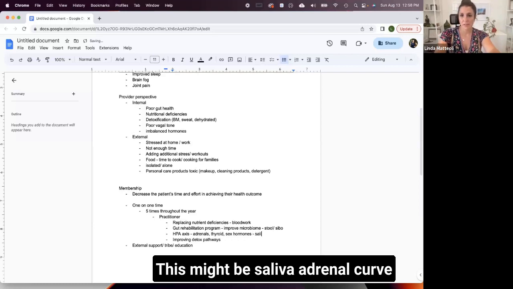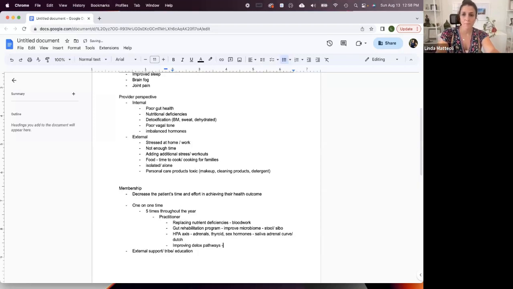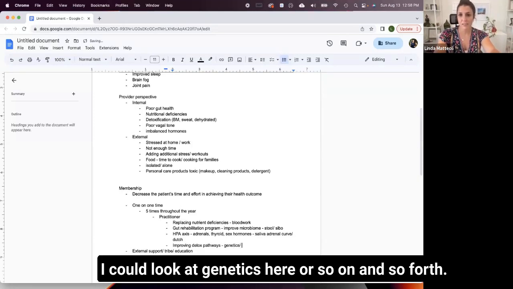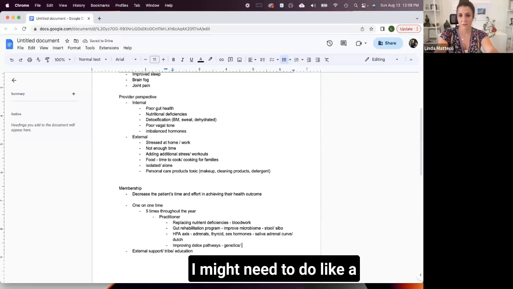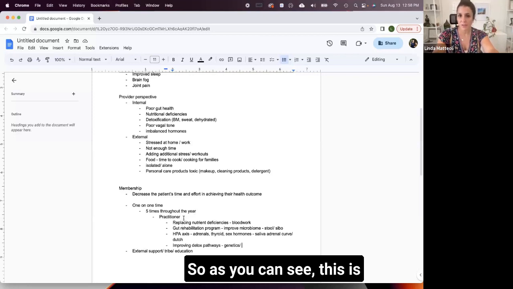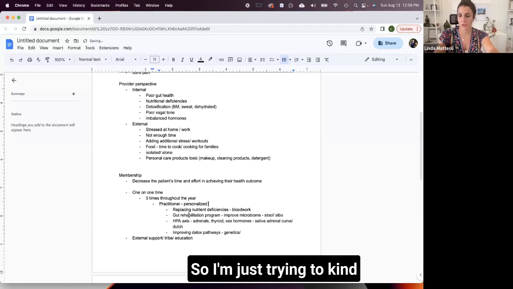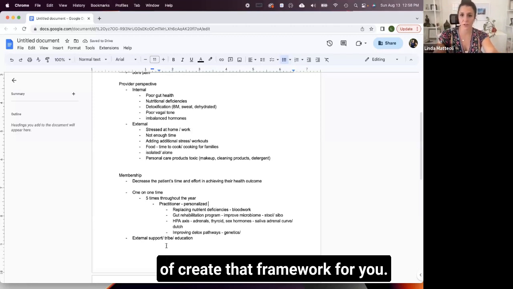This might be a saliva adrenal curve or Dutch test, kind of depending. I could look at genetics here, and so on and so forth. I might need to do a mycotox test if I suspect mold. So as you can see, this is a personalized approach to that person. I'm just trying to create that framework for you.